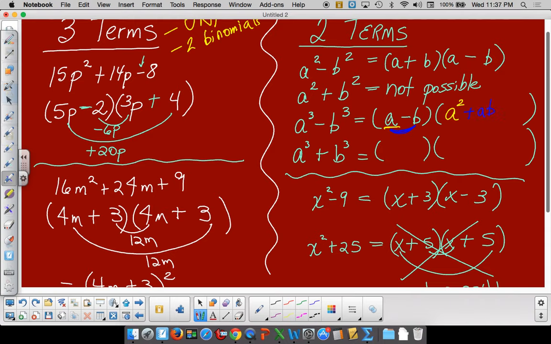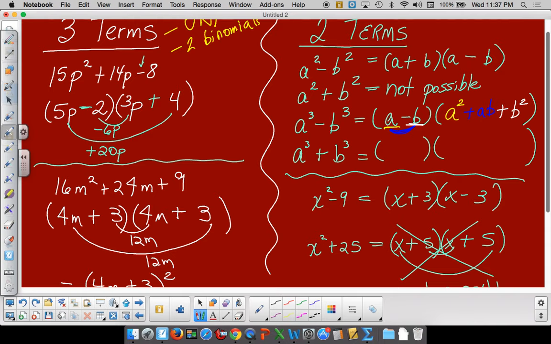And then you square the last term. So by the last term, I mean that you need to square the b you have here. So negative b squared will become a positive b squared. And there is your perfect trinomial.